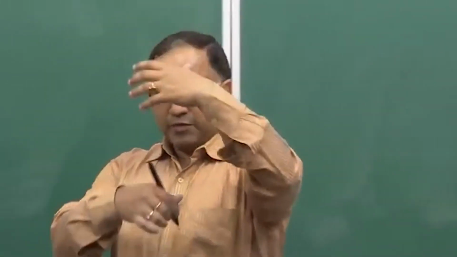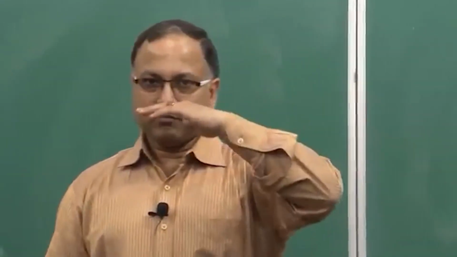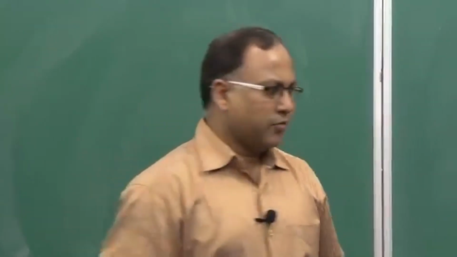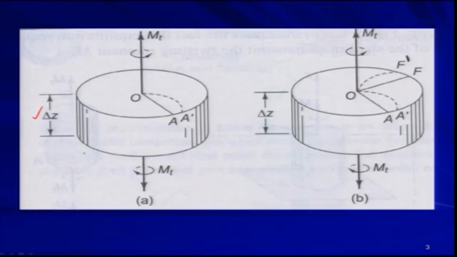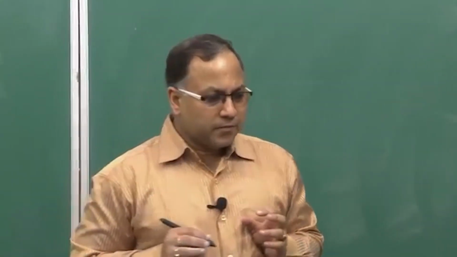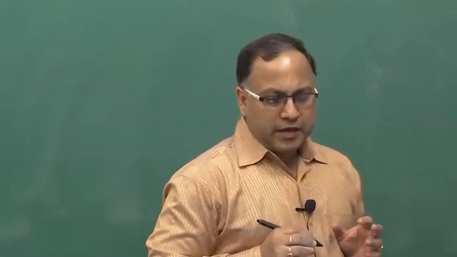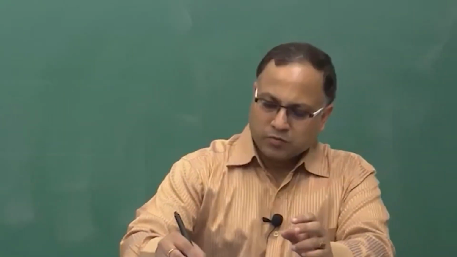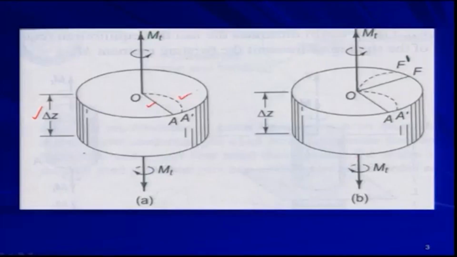I have the complete shaft, I am taking some slices of depth delta z, and there we are considering the originally straight radius OA before application of the twisting moment, the OA was the original radius. Now, this OA is taking the shape of some curved surface OA prime after giving the twist.